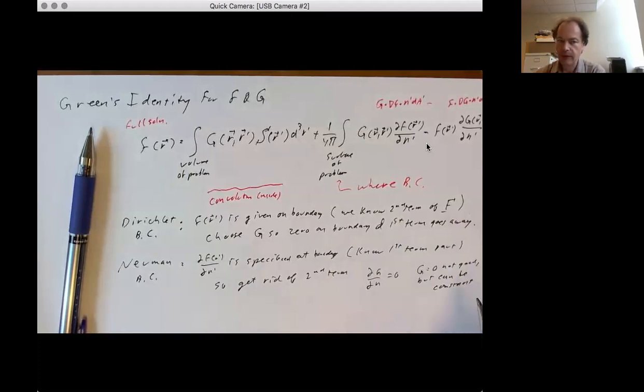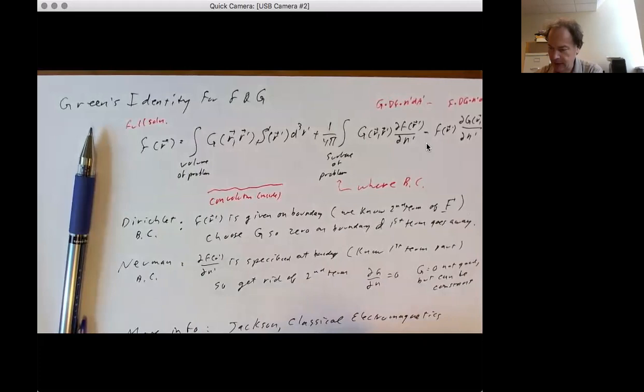If you want more information on this, a lot more detail, you go to Jackson, Classical Electrodynamics. And if you have the red edition, I can tell you exactly where it is.